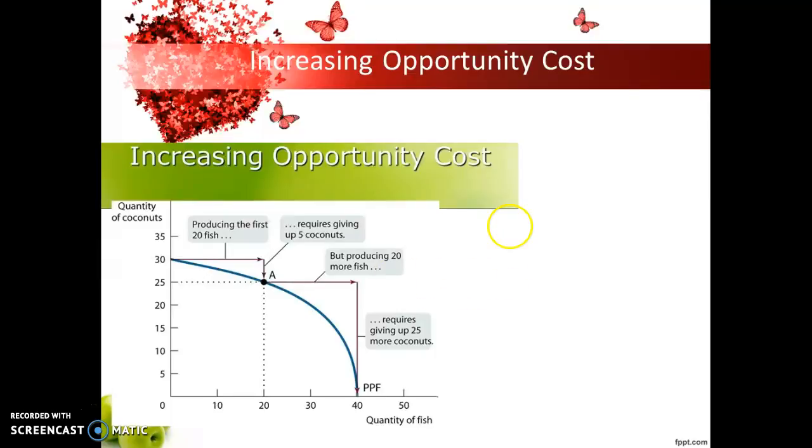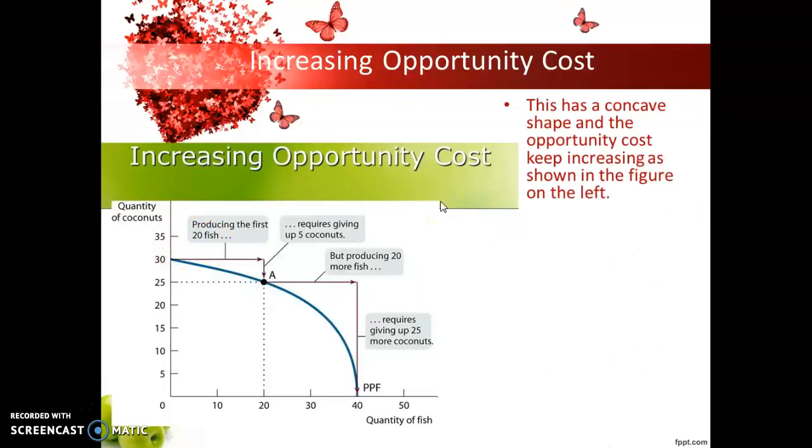So increasing opportunity cost, here we have a diagram over here. Increasing opportunity cost. So this has a concave shape and the opportunity cost keeps increasing as shown in the figure on the left. Now this is the concave shape. It bulges out. I want you to take note of that. It bulges outwards.